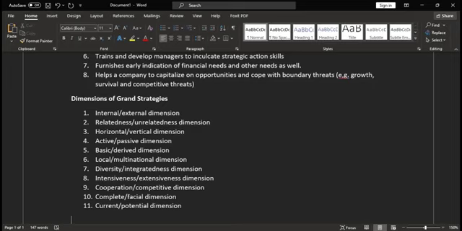We also have the horizontal plus vertical dimension. The horizontalization is the extent to which a newly adopted strategy enlarges or complements the current business definition of an organization. It cuts across customer growth, customer function, product class, or technological alternative.